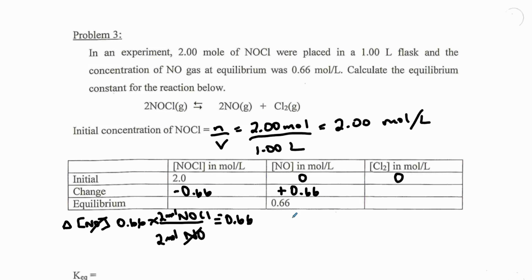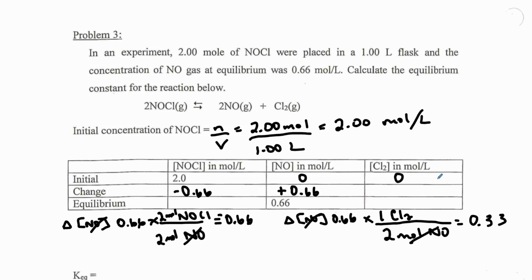And then I'm going to do the same here. So my 0.66 multiplied by the mole ratio. And for Cl2, there's no coefficient, so I just missed the word mole there. Okay, so 0.66 divided by 2 is 0.33.